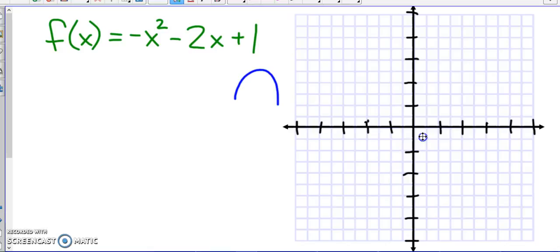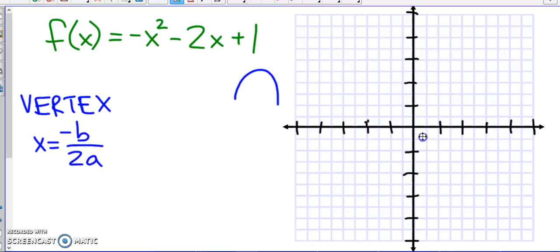Now, it's not as obvious what the vertex is. We have to go find it. So to get the vertex, we use the formula: x equals negative b over 2a. So in this case, what would that look like? What's b?